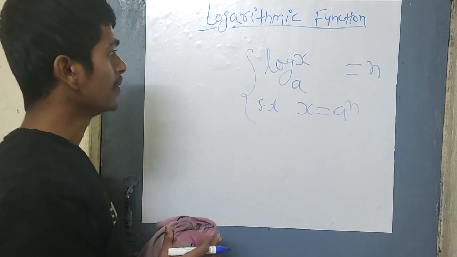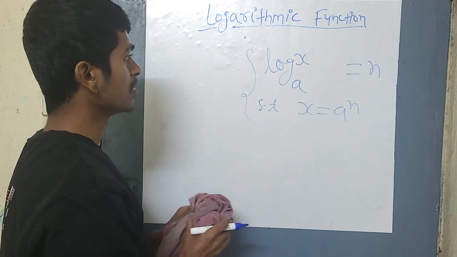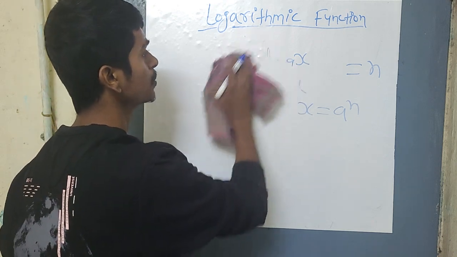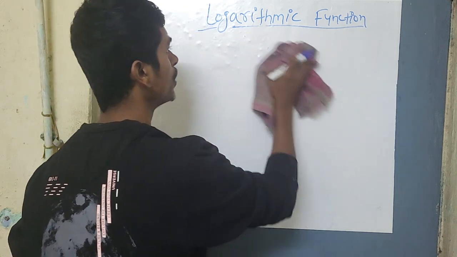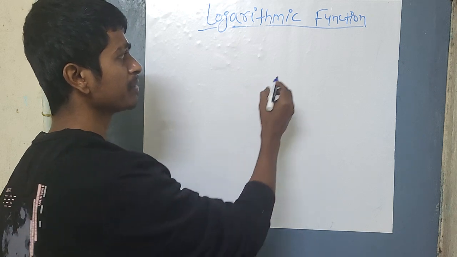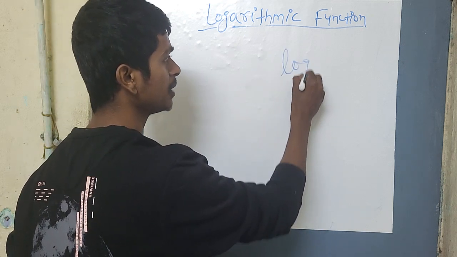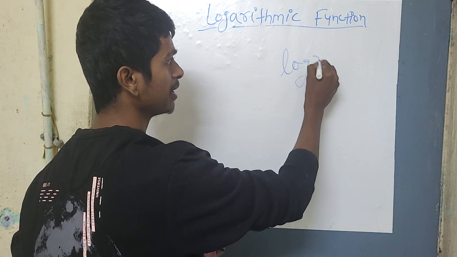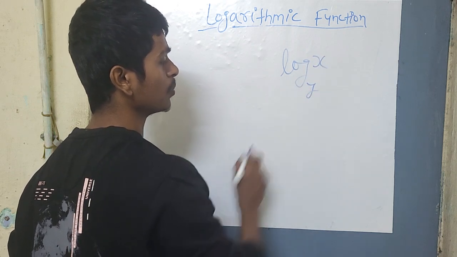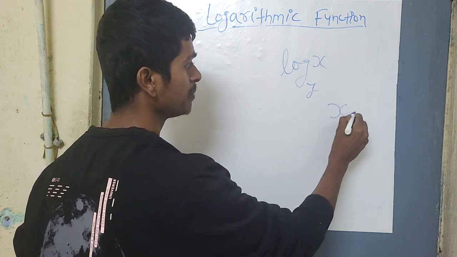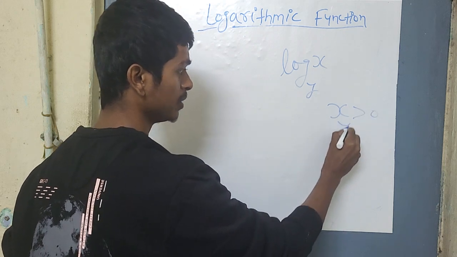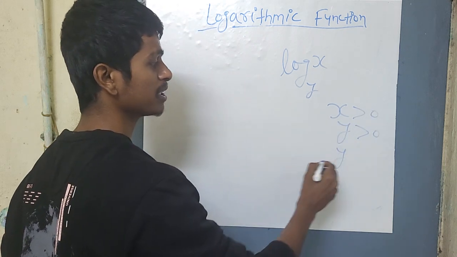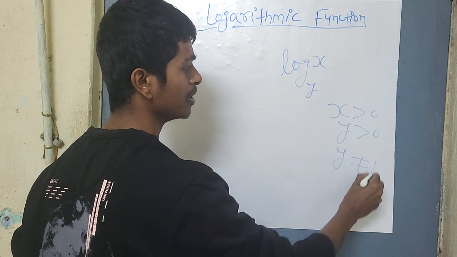Now I will come to the domain of this function. I was explaining that you cannot take a negative argument or negative base. Suppose here it is x and here y. x should always be greater than 0 and y should always be greater than 0, and another important case, y should not be equal to 1.